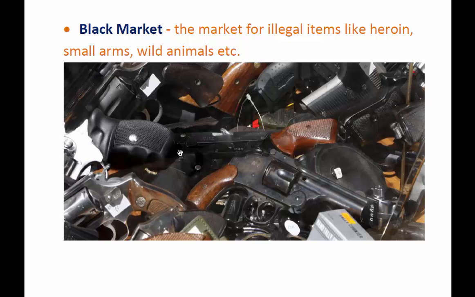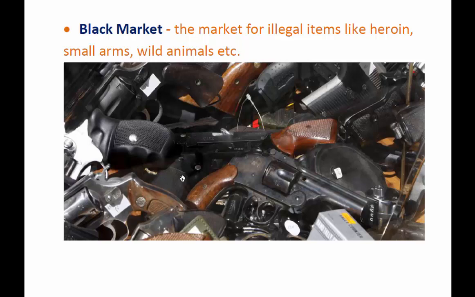So this is illegal. If the policeman catches you, you'll be arrested and jailed for indulging in black marketing. So we must not indulge in black marketing, as a student and also as a citizen of India.